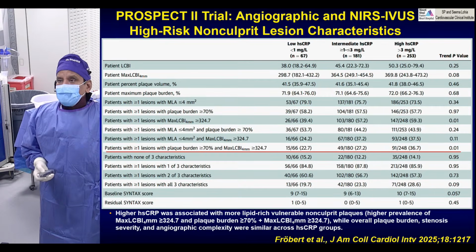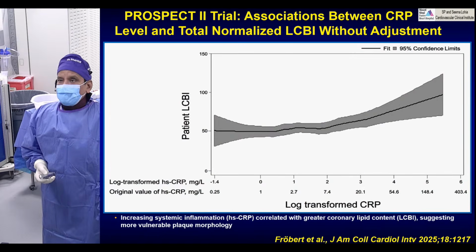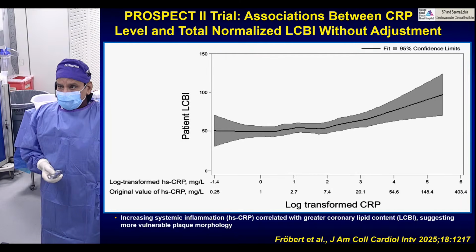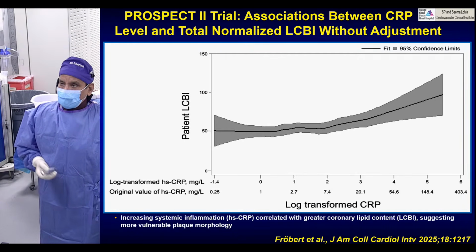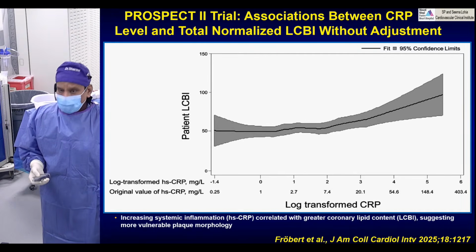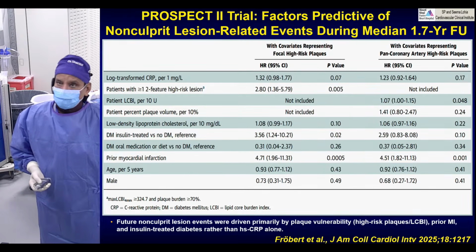So clearly, the higher the CRP, the higher the vulnerable plaque burden. This is the nice relationship of the LCBI with the CRP. The higher the CRP, the higher the LCBI, which is a representation of the vulnerable plaque.